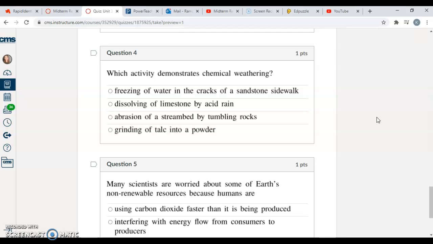It's not changing color, it's not changing composition, there's no chemical reaction involved, it's just a smaller bit of the rock. So this one is asking for chemical weathering. So go ahead and pause and make your selection.